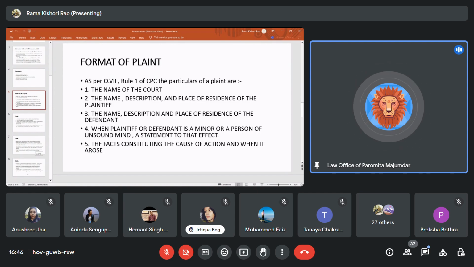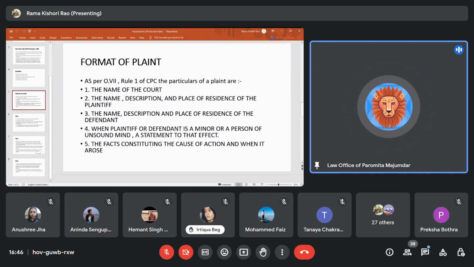Sometimes I've seen the interns who also work with me, they create a confusion by putting up some dates which were late, incidents which happened later on, and then they just get confused with the facts of the case. So in such cases, I advise the students to please be very particular about the facts.